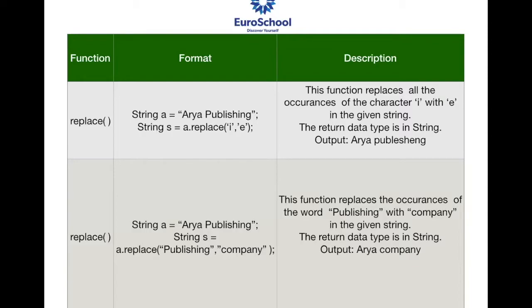If I want to replace the word Janvi with student, I'll put Janvi in double quotes, comma, the next word, student instead of company. Wherever it finds the word Janvi, it would get changed to student. Getting it? Okay, ma'am, I understood.